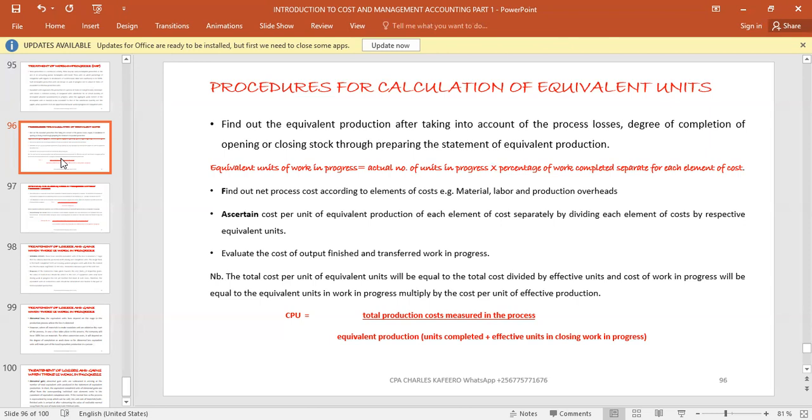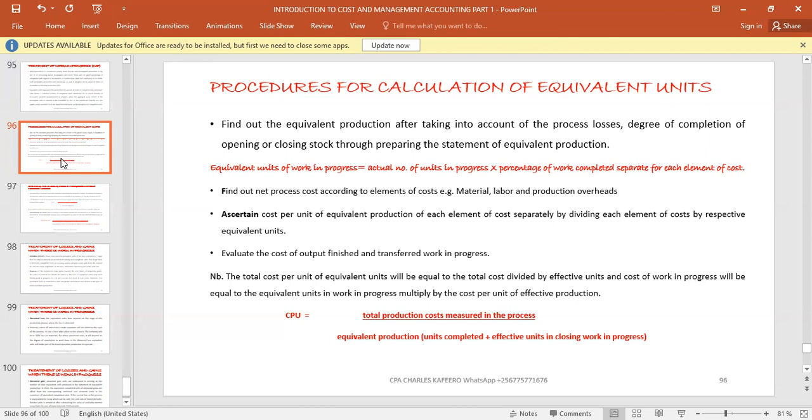And we're saying we have an NB that the total cost per unit of equivalent units will be equal to the total cost divided by equivalent units.